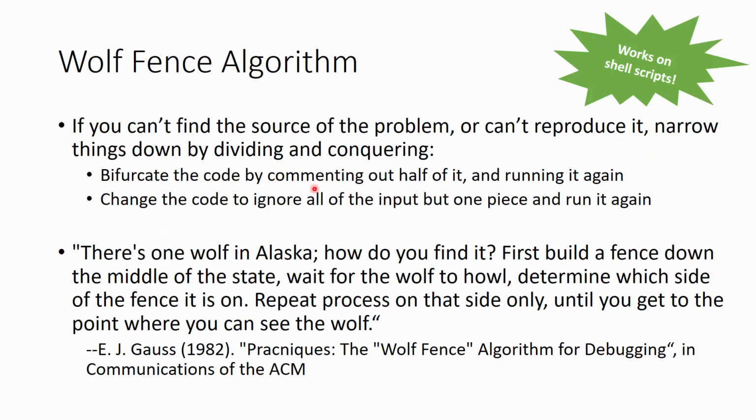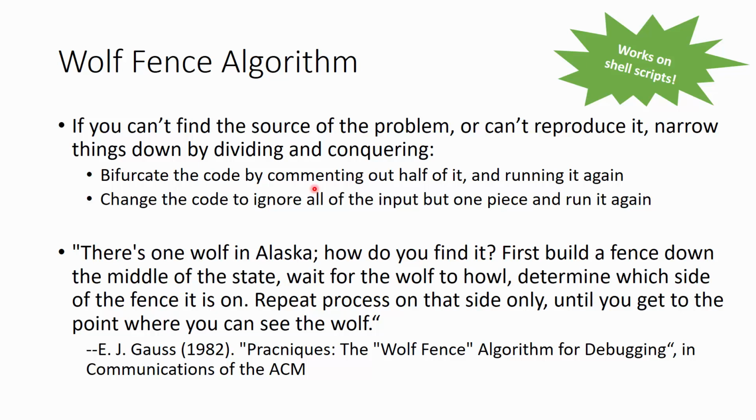So the wolf fence algorithm is a fancy, complicated way of saying start commenting out sections of your code until the problem disappears, or you've reduced the input space down to where you can focus on what the actual problem is. So if you can't find the source of the problem at all, you don't know where this is coming from, or you can't reproduce it, you narrow it down, you divide and conquer.